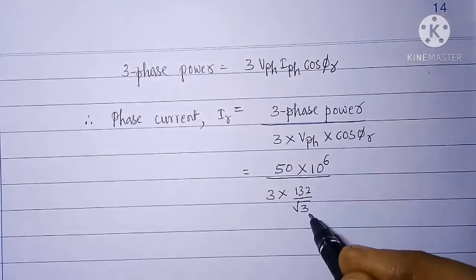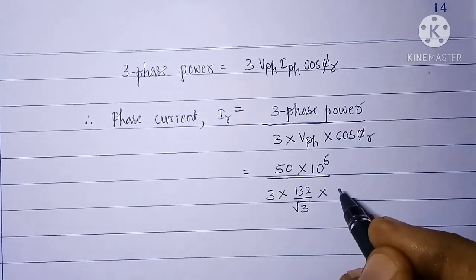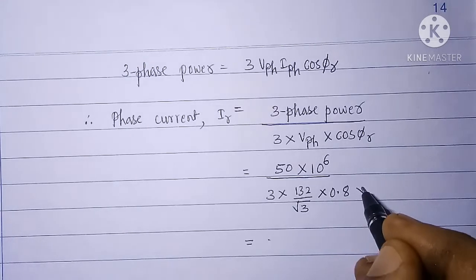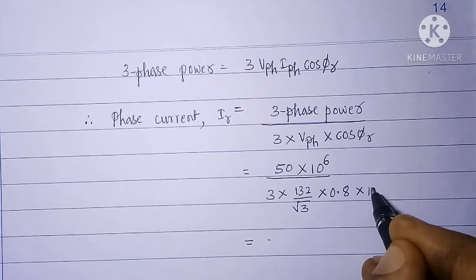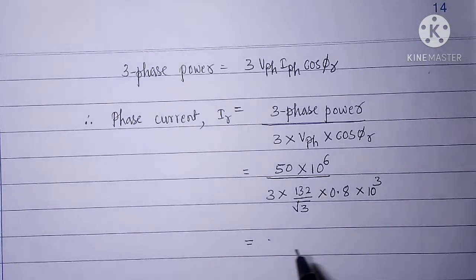Divided by 3 into 132 by root 3 into receiving end power factor given to us as 0.8 into 10 raised to 3 because voltage is in kilovolts. Simplifying, we get 273.36 amperes.